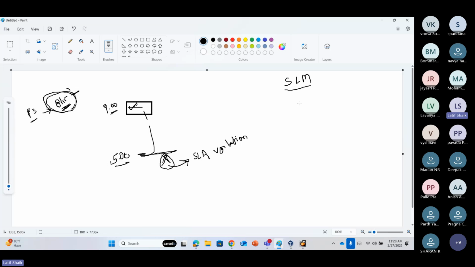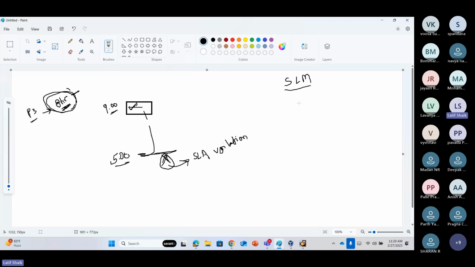The problem is more SLA violations from the organization to the client, then the company will suffer. That is a big problem. The company may lose the customer. The company has to pay a fine, an extra amount, or they have to face lawsuits and all kinds of stuff.